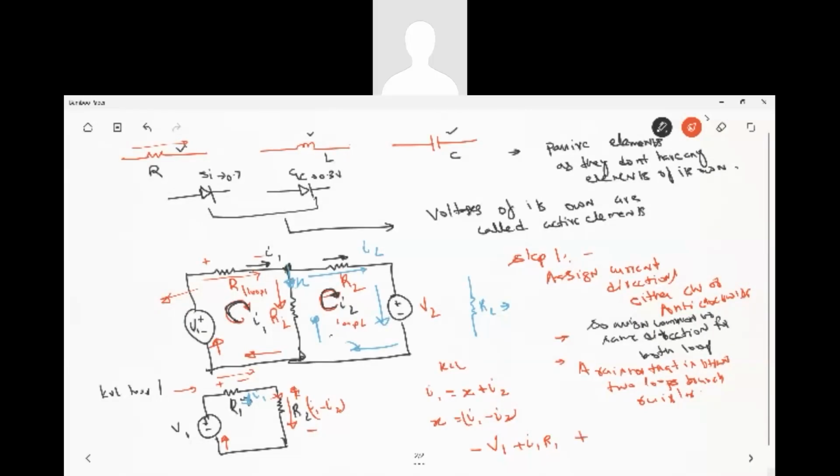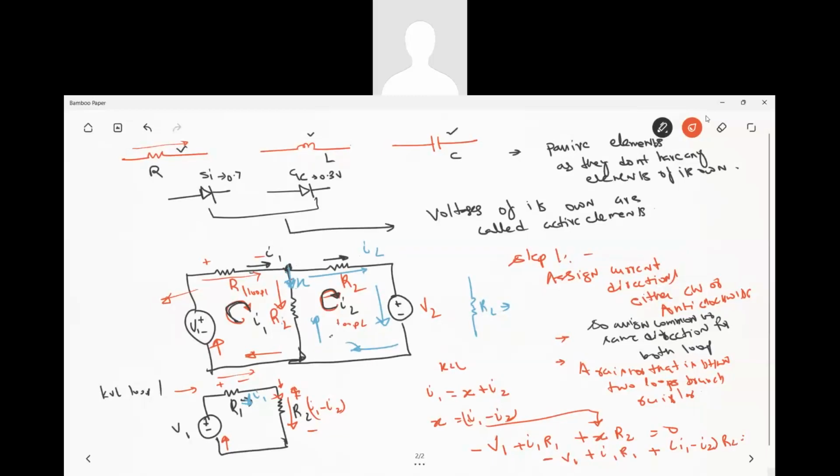And here again it is entering via the positive terminal, plus X into R2 is equal to 0. But the value of X is I1 minus I2. So it would be minus V1 plus I1 R1 plus (I1 minus I2) into R2 is equal to 0. Correct? Understood? This is how you write KVL.